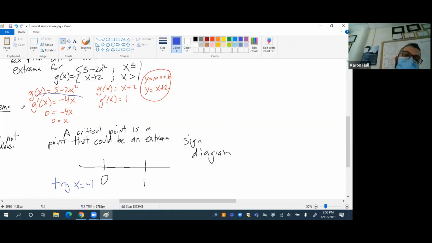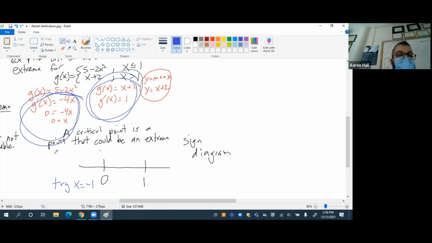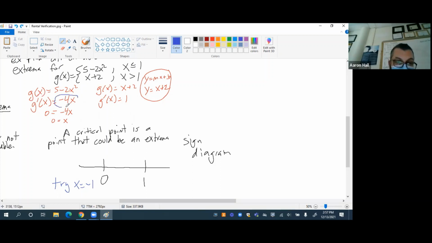Am I going to use this one or this one to find out what the sign is? The left one, because the left one tells me the slope for any x value below 1. So I'm going to plug in -1 here. What do I get when I plug in -1?